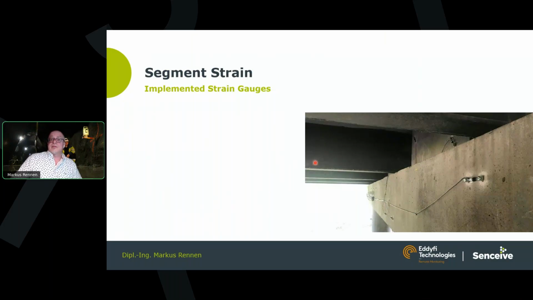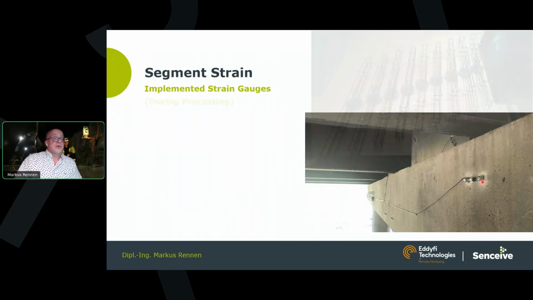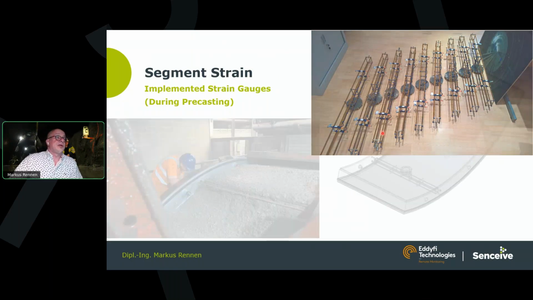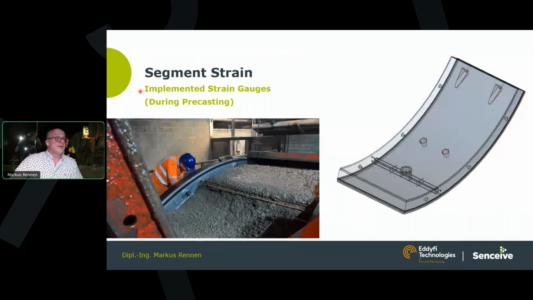Here on the right side, vibrating wire strain gauges on a bridge, but also here, as in the steel reinforcement of the segments, strain gauges can be implemented right during casting of these segments.